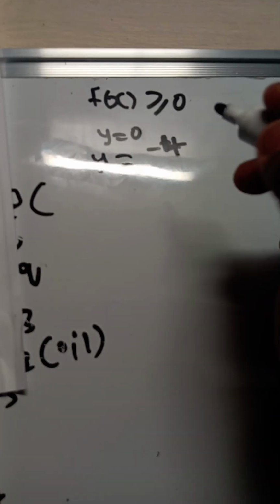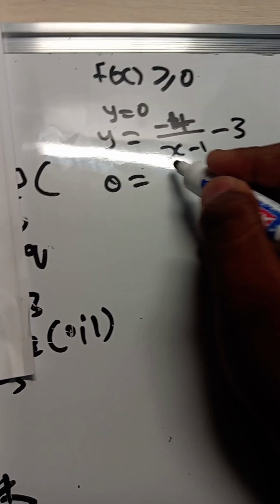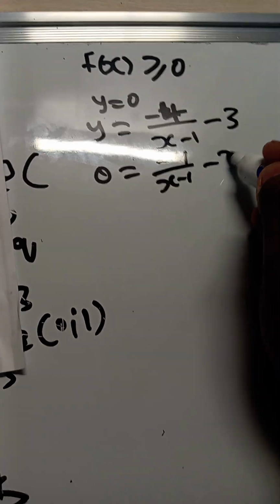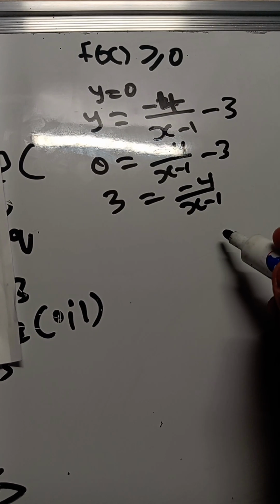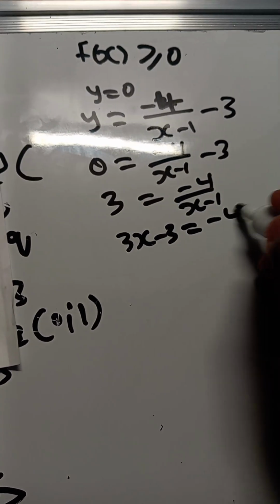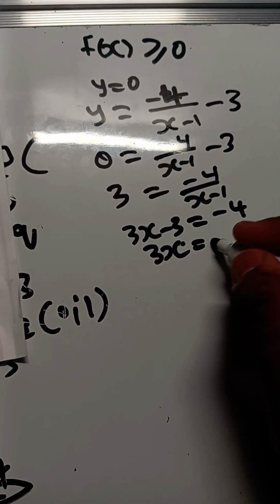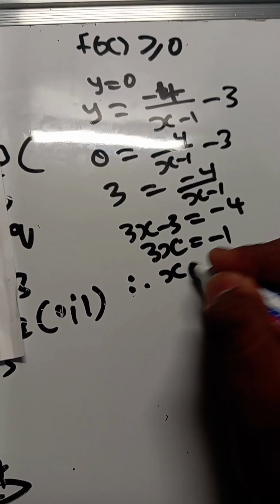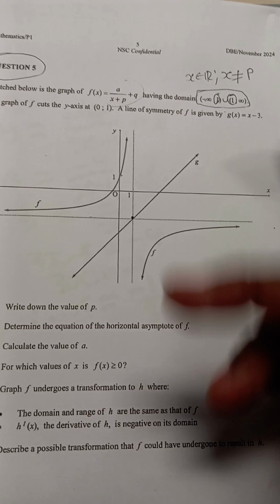It's negative 4 over x minus 1, minus 3. So 0 equals negative 4 over x minus 1, minus 3. 3 equals negative 4 over x minus 1. Then 3x minus 3 equals negative 4. 3x equals negative 4 plus 3. Therefore, x equals minus 1 over 3. So where is minus 1 over 3? It is somewhere here.